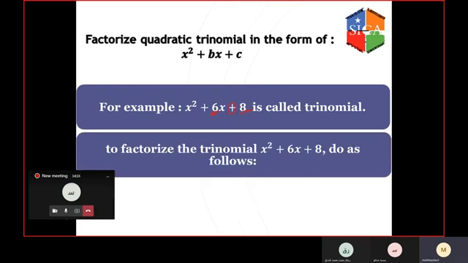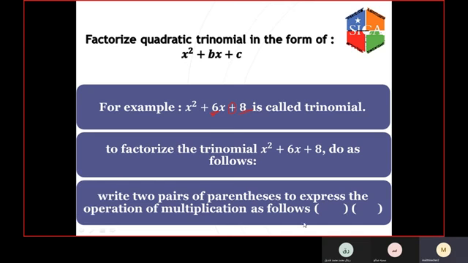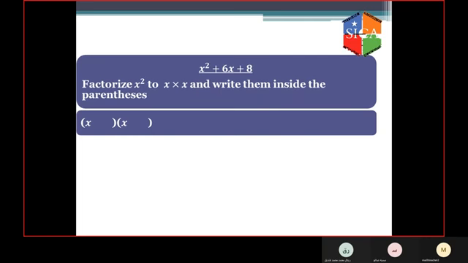To factorize the trinomial x squared plus 6x plus 8, do as follows. We know before that we open two parentheses like this, and factorize x squared to x times x.